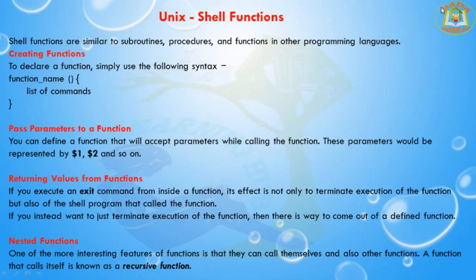This has the effect of causing the functions defined inside test.sh to be read and defined into the current shell. To remove the definitions of the functions from the shell, use the unset command with the -f option. The unset command is also used to remove the definitions of variables from the shell.